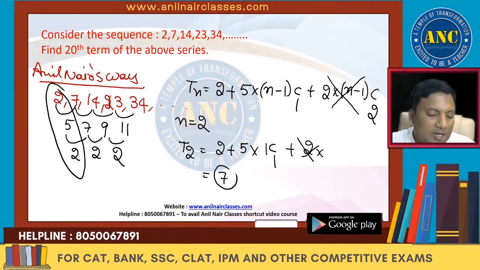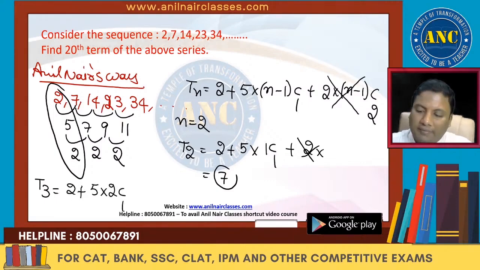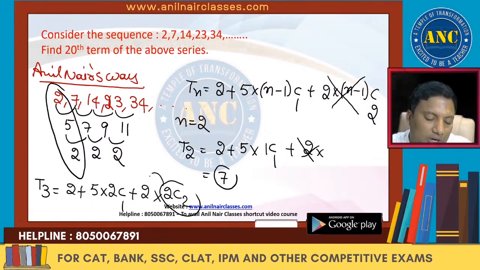Are you all with me? Suppose it is T3, this is nothing but 2 plus 5 into 3 minus 1 C1, next plus 2 into 3 minus 1 C2. 2C2 is nothing but out of 2, selecting 2, which is 1. 2 ones are 2. 2 plus 10 is 12, 12 plus 2 is 14. Any value you will get very, very easily.